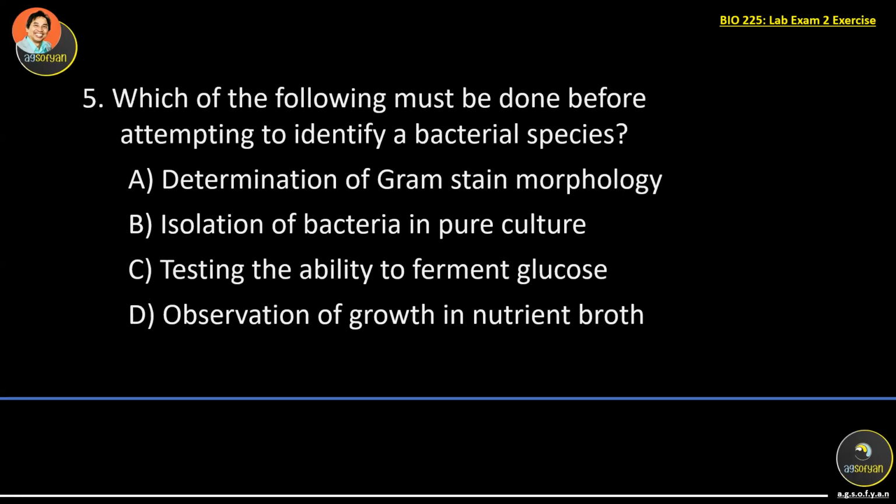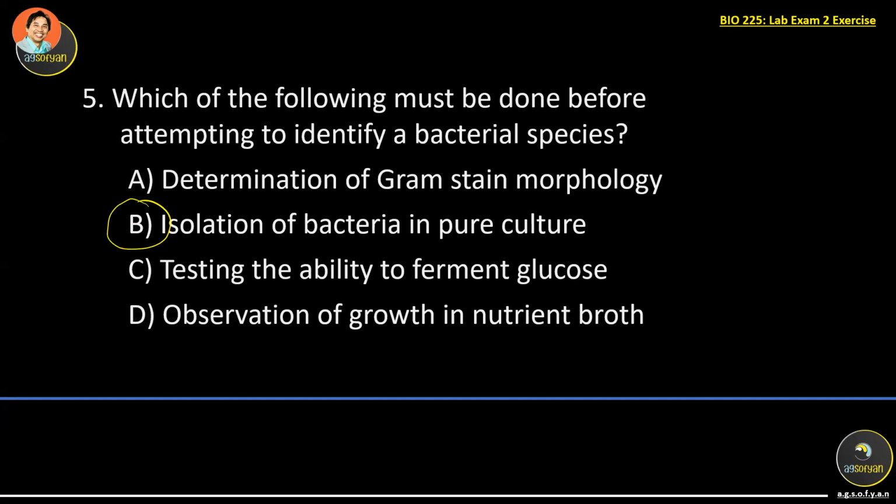Which of the following must be done before attempting to identify a bacterial species? Which one is that? I already mentioned to you in the introduction of this exercise. Yes, you have to isolate first. Make sure it is a pure culture that you will identify.